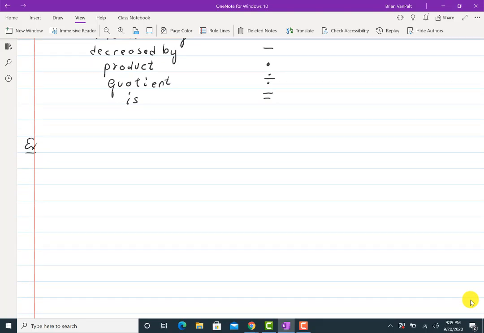We'll start with: 12 more than a number is 31. Now with these, you're asked not only to write this down as an equation, but to solve the equation as well.